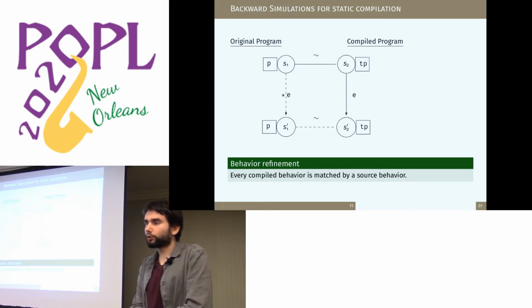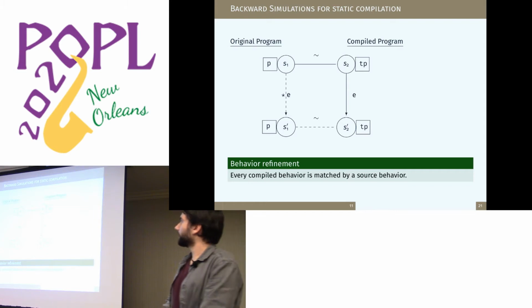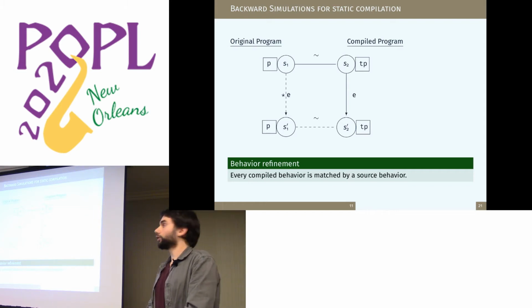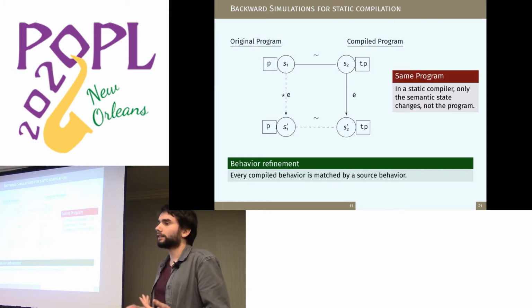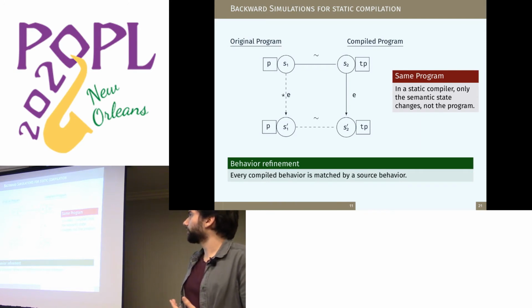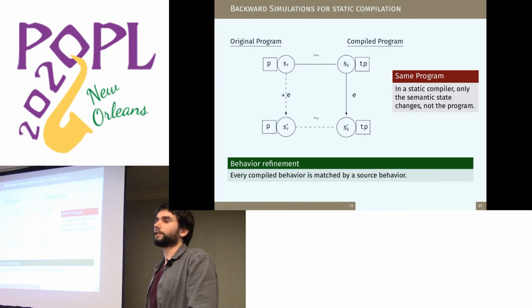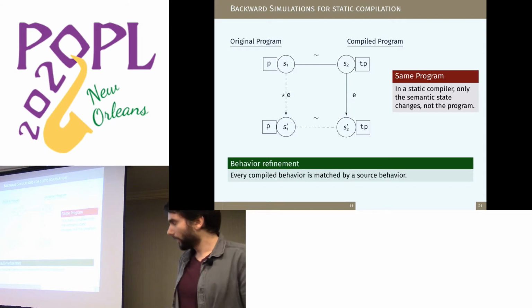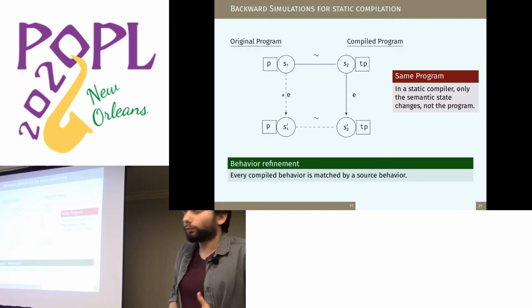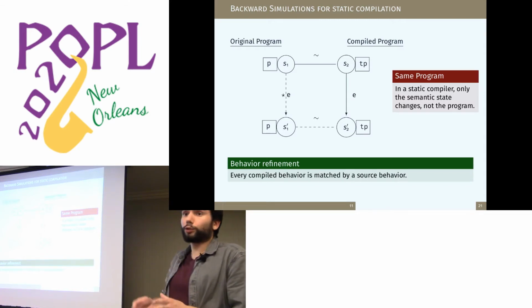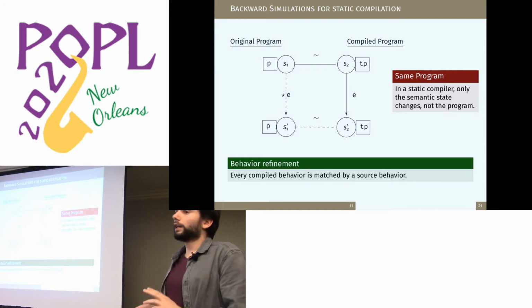However, if we want to use that in a JIT, maybe you can see that this program on the right, TP, does not change. In a static setting, only the semantic state changes when you execute your program. But in a JIT, when your small step is actually an optimizing step, then your program will change because you will, for instance, add a new version into your program. So maybe the most obvious thing to do, and what we did, is put the dynamically evolving program into the semantic state.